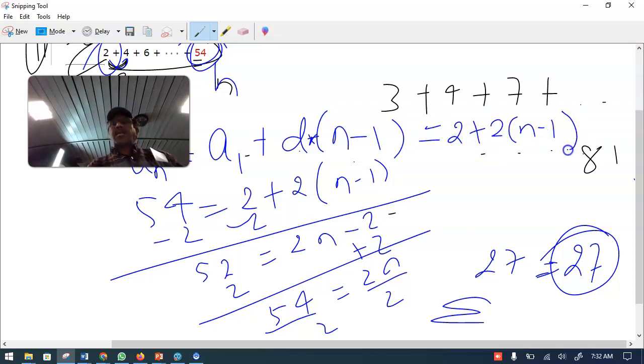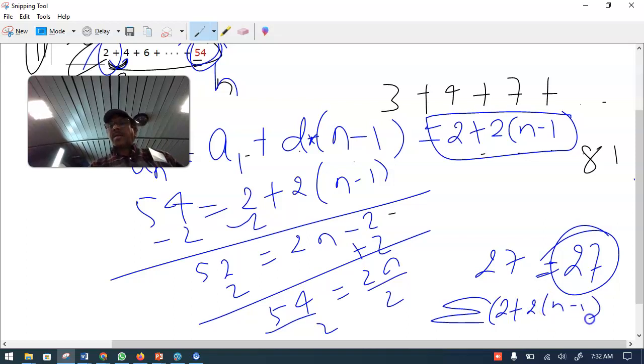This is all you're supposed to put in the equation in the summation sign. Keep it as it is, and write down n is 1 to 27. Okay, so let's go directly to that.